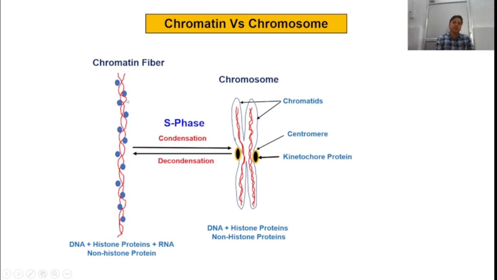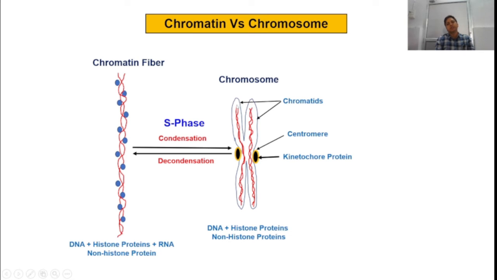This chromatin fiber is a thread-like, less condensed structure, and when the condensation increases, they form chromosomes. As we have discussed, if the chromatin is before S phase, it has only one DNA, but after S phase, each chromatin will include two DNA molecules.